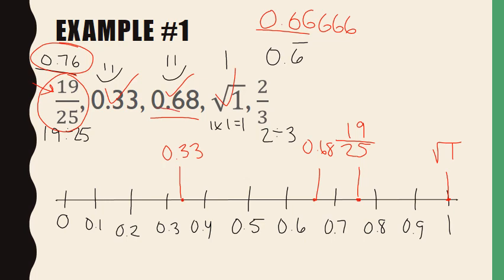They both start with 0.6, so they're both going to go in between 0.6 and 0.7. But 0.68 is a little bit bigger than 0.66 because 68 is bigger than 66. So I'm going to place 0.66 just a little bit below 0.68. Just make sure that you label this with the fraction they gave you, 2/3.